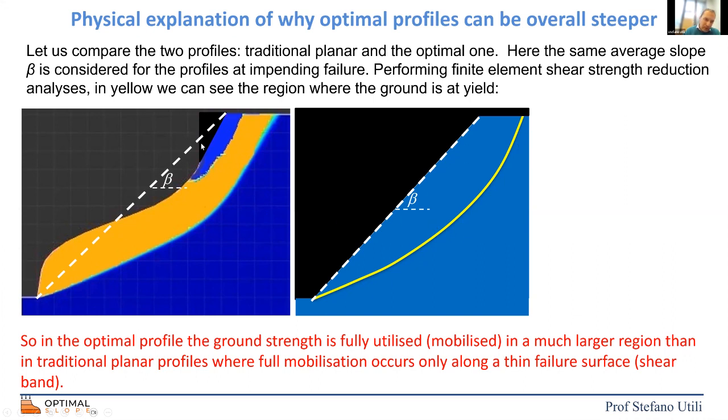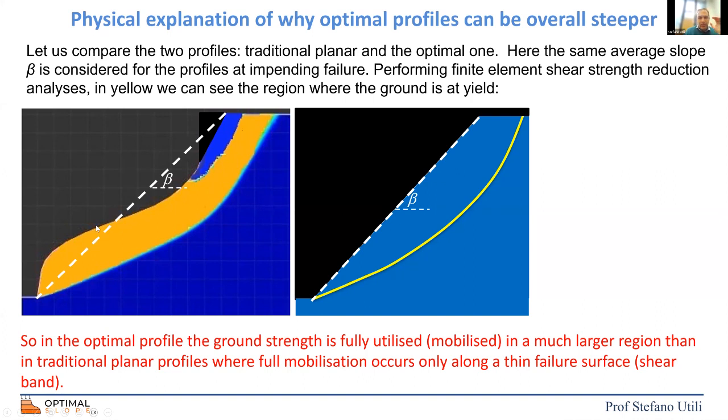Interestingly, when you have an optimal shape, rather than a narrow region, you have quite a wide region where the ground fully mobilizes its strength. Because in the planar slope, all these points that you can see now, looking at my mouse, are not doing much. Yes, there will be some stress, but the strength is not mobilized. They don't contribute to resisting the landslide.